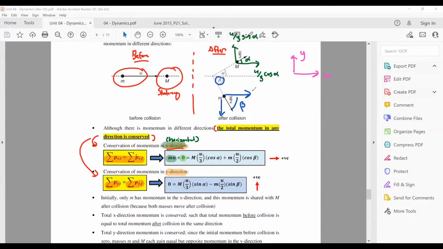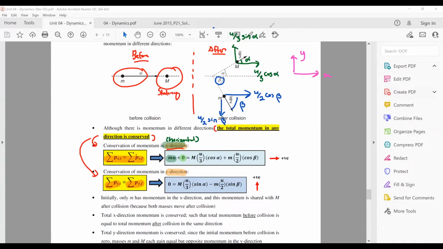This part here is adjacent to the angle, so it will be u over 2 cos beta. And then this one, if I shift it here to complete the triangle, will be opposite to the angle, so this one will be u over 2 sine beta.